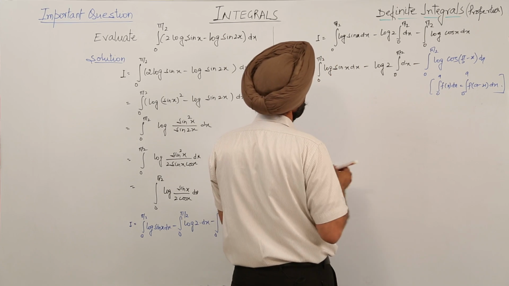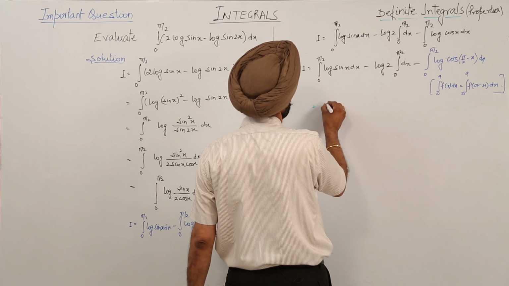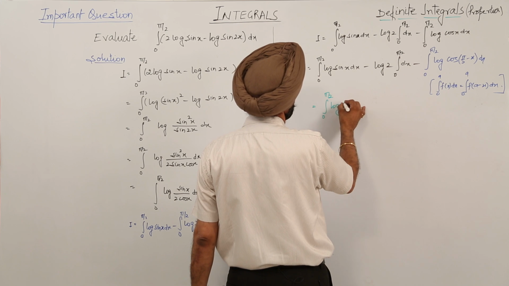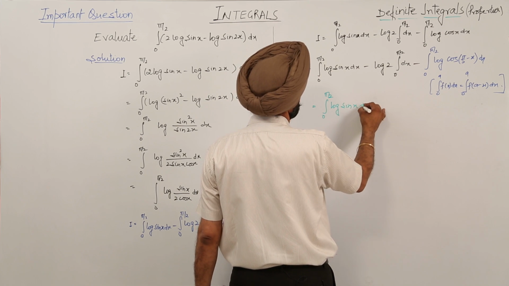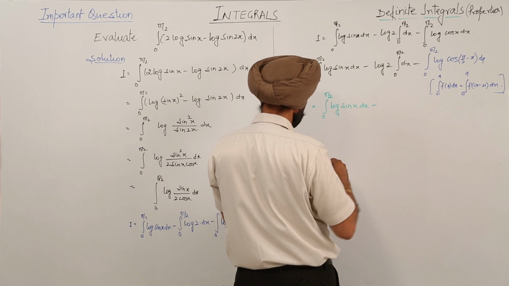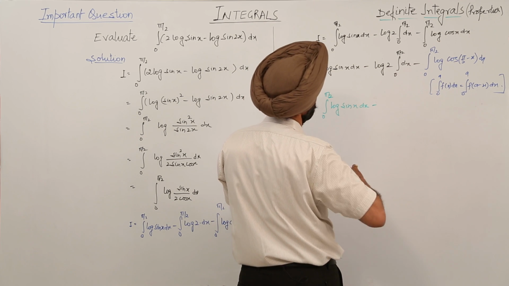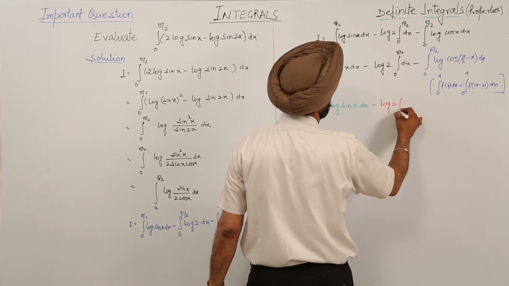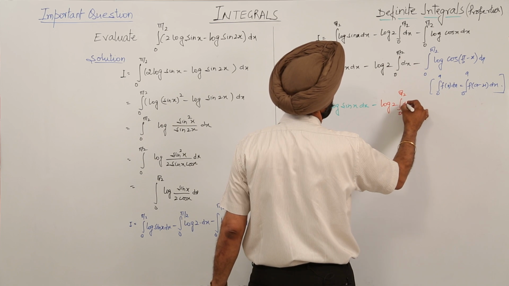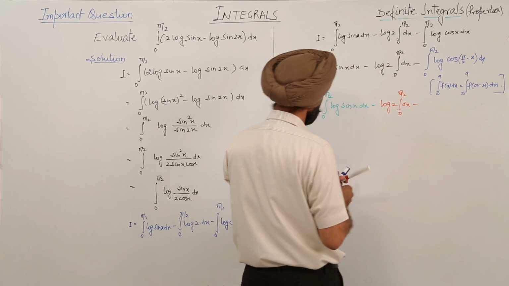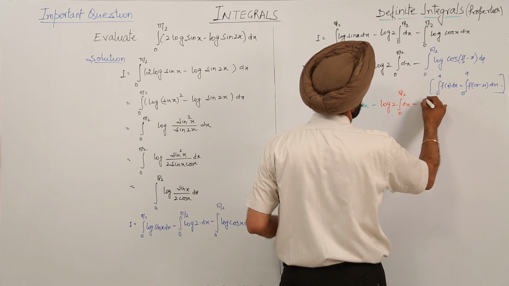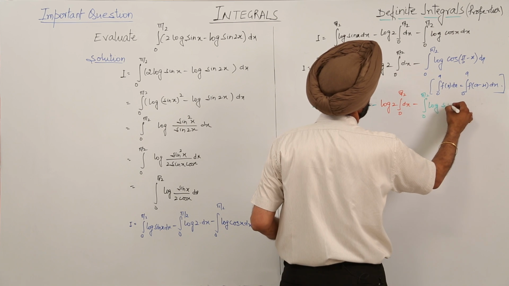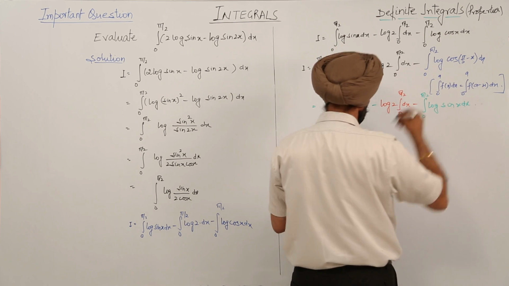Now what we are having, 0 to pi by 2 log sin x dx minus log 2, 0 to pi by 2 dx minus 0 to pi by 2 log sin x dx.